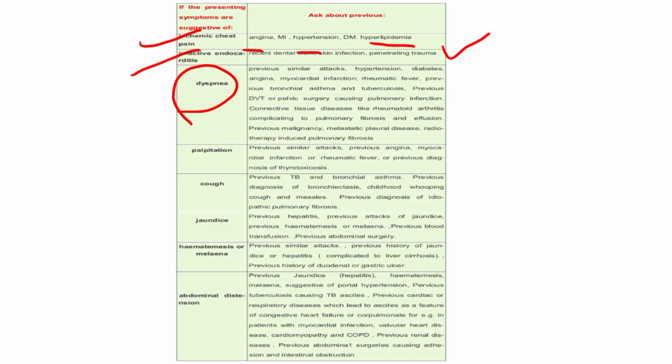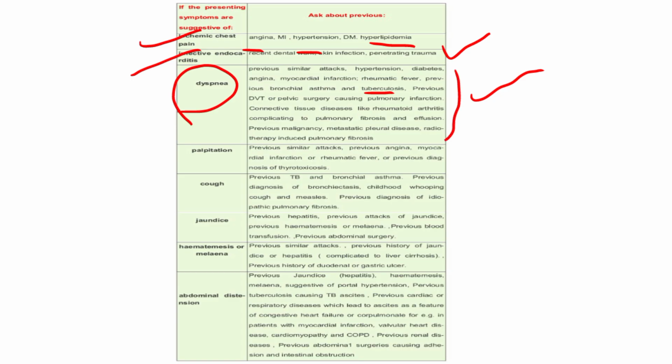Similar attacks, any kind of hypertension, diabetes, myocardial infarction, in which the blood supply becomes less to the myocardium, the heart muscles that help in the contraction. You can ask about fever, asthma, tuberculosis, deep venous thrombosis, any kind of pelvic injury, pelvic surgery.